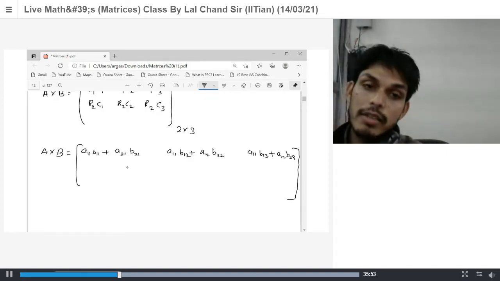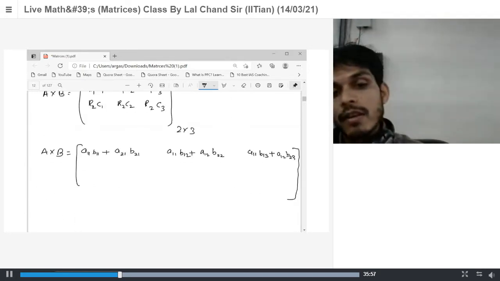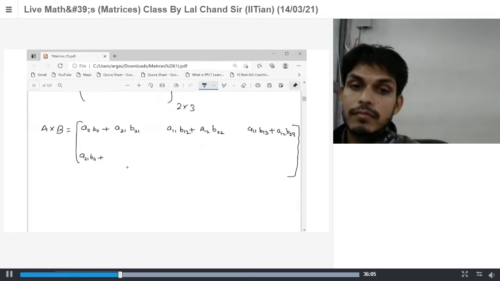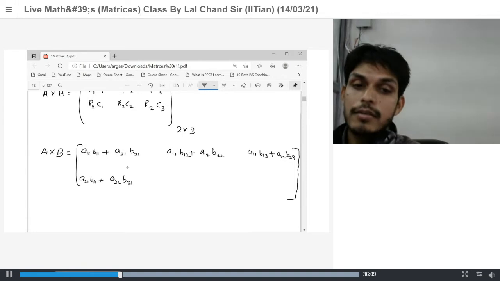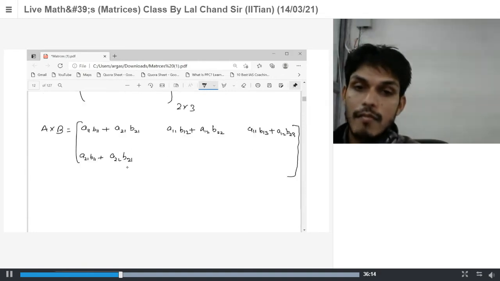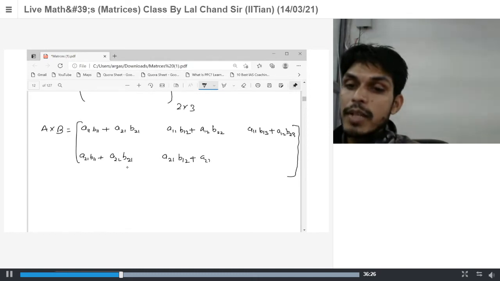Now if I would like to write the second row, then R2 C1. So I have A21 B11 then plus A22 B21. Here I have A21 B12 plus A22 B22.